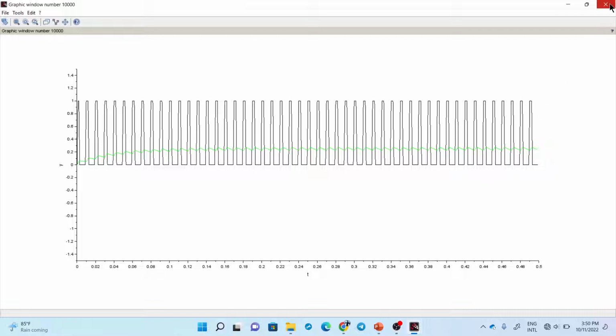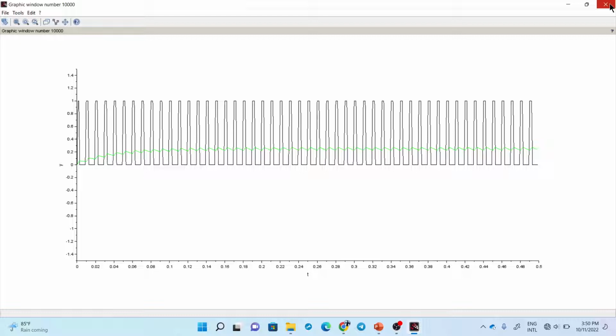So this is the way that we can vary the value of the input, by using a pulse at high frequency. This one is called pulse width modulation.